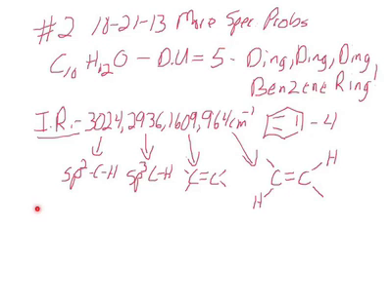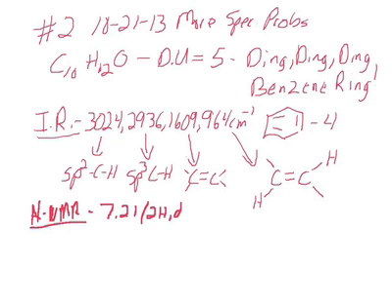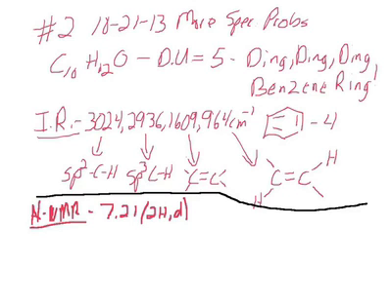For NMR, for HNMR, what do we know? In the first two, you could look at their aromatic hydrogens. We have a peak at 7.21 for 2 H's, a doublet. What else do we have?